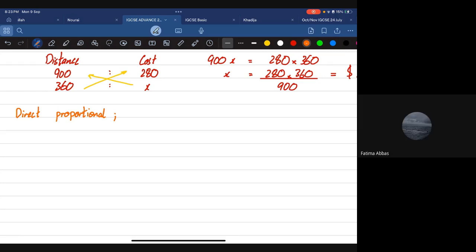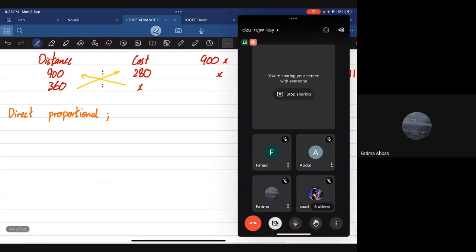More time spent working equals more money. Time and money are directly proportional to one another. All right, just give me a moment.